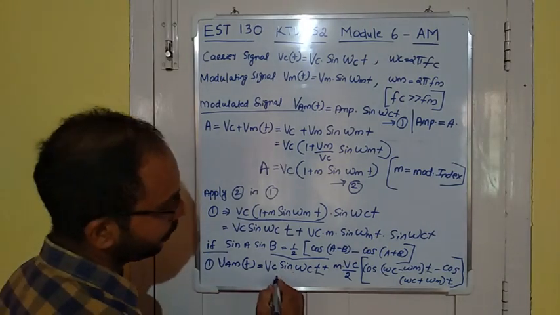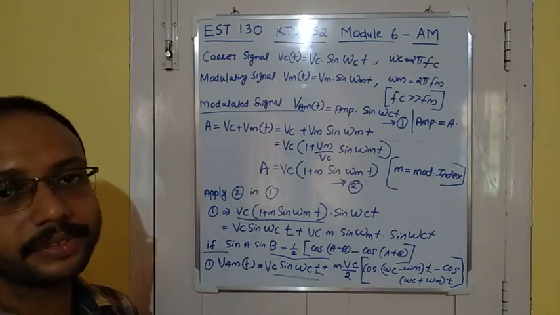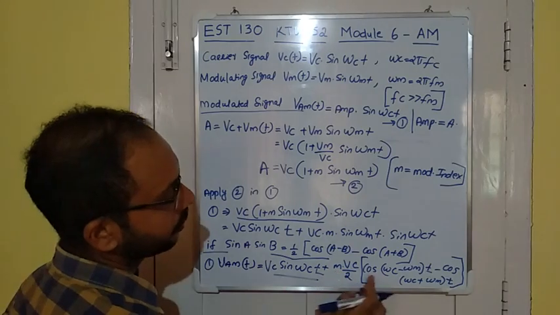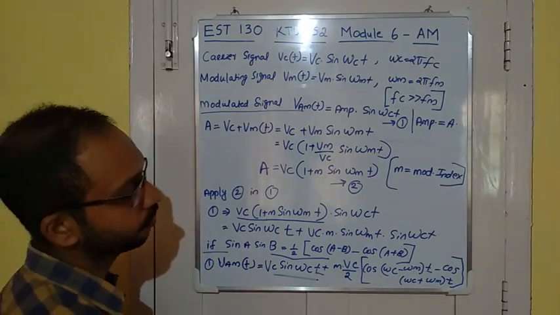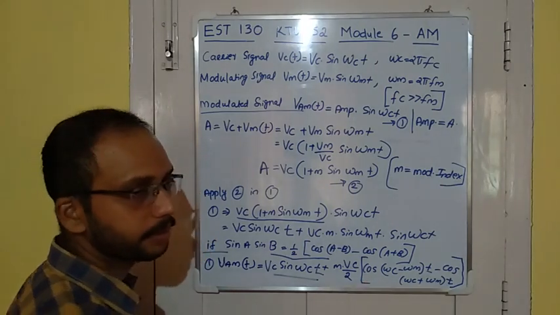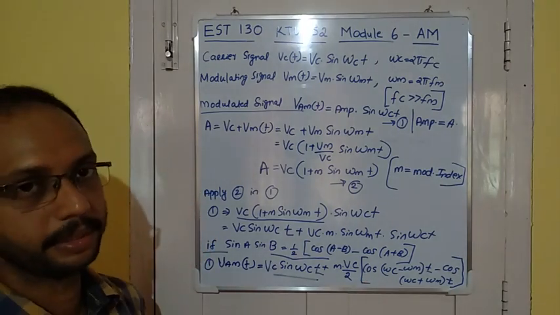So this first term represents the carrier signal. This second term represents the lower sideband, and the third term represents the upper sideband.